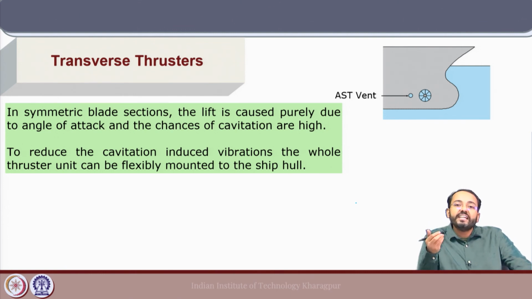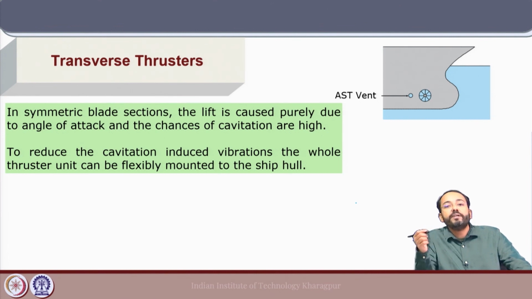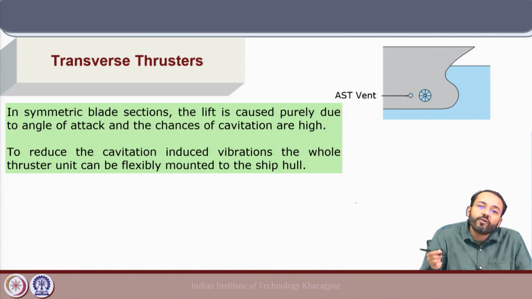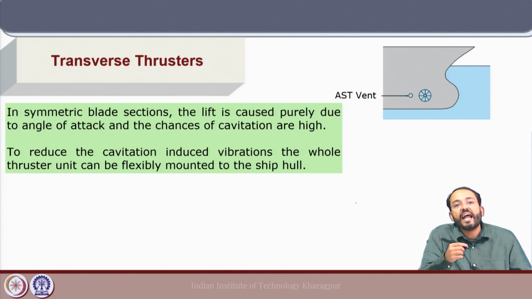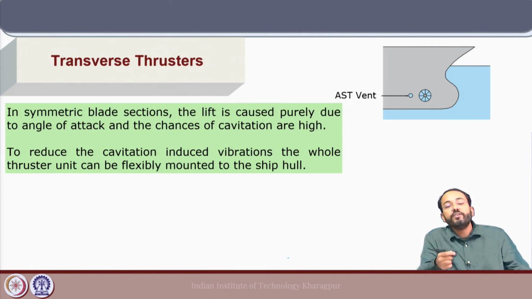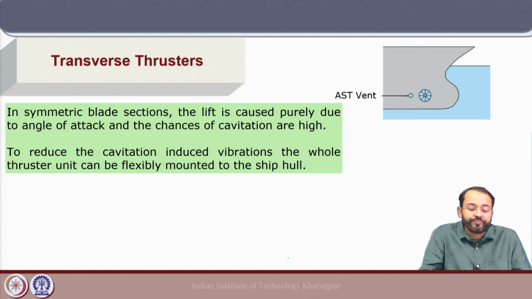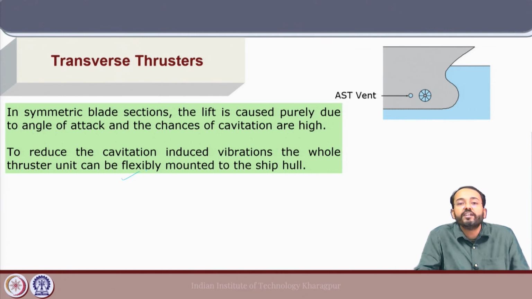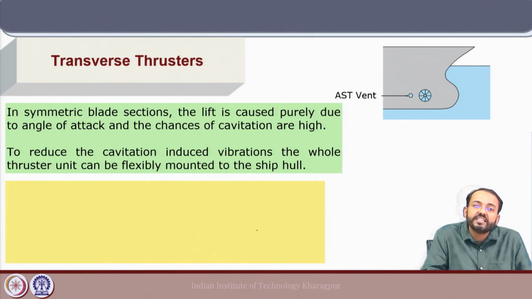We have seen that airfoils generate lift based on both the angle of attack and camber, but for symmetric sections there is no camber, and hence the lift is entirely from angle of attack. That causes suction peaks and cavitation problems which need to be taken care of in the design, because cavitation induced vibration of the thruster unit can be transferred to the hull, and that is one of the reasons why flexible mounts are used in order to reduce these vibrations.